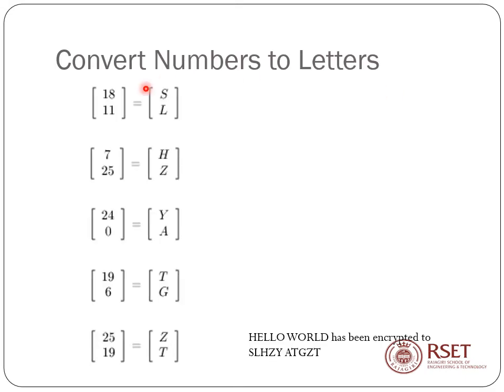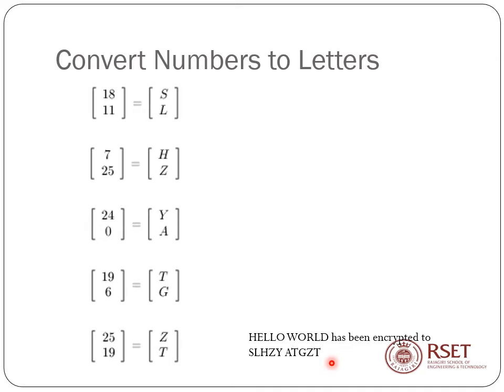So look, I have converted those to characters: SL, HZ, YA. This is easy to recollect because 0 denotes A and 24 is Y, so 24, 0 is YA. Then TG, ZT. That means your hello world plain text has been encrypted to SLHZYATGZT. Fine. This is the encryption process.